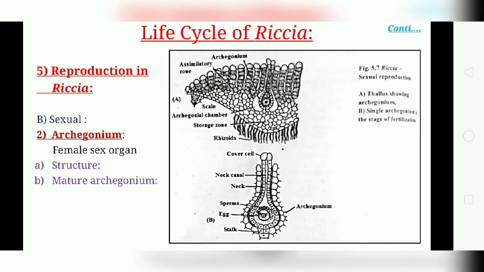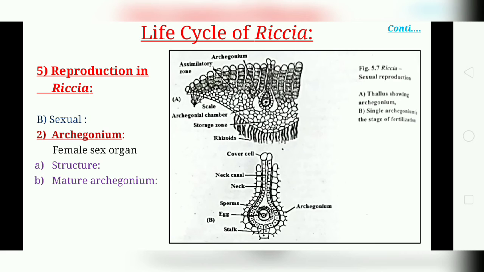Now next is the archegonium, the female sex organ. It is flask-shaped, in the tissue of the thallus. It has a few-celled stalk, a long neck and a swollen venter. The short stalk provides attachment of the archegonium with the thallus.